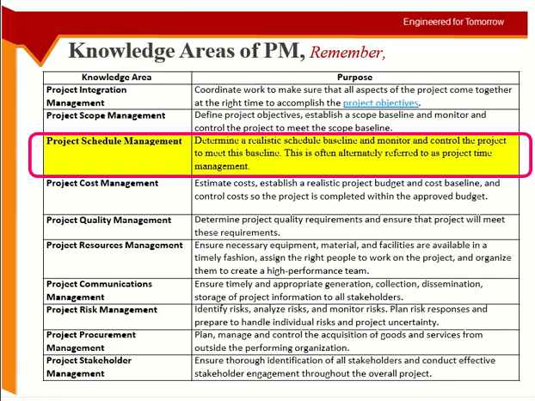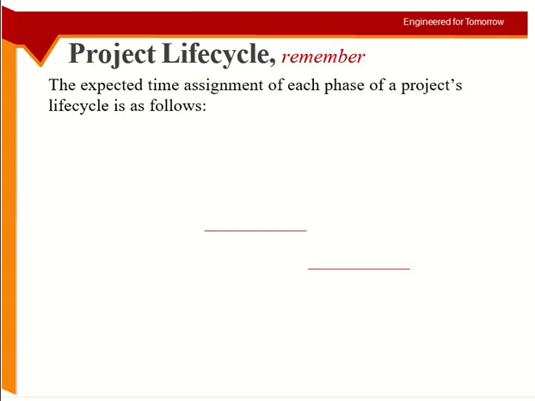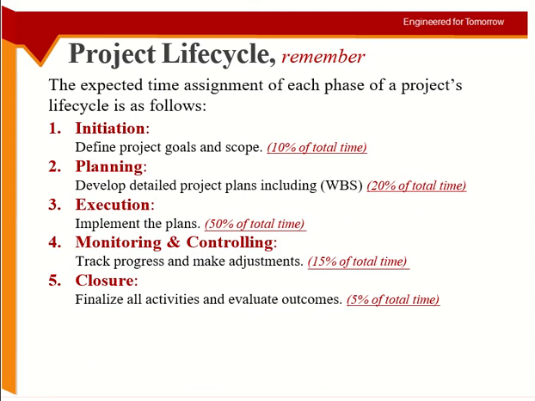We discussed 11 knowledge areas of project management. This topic deals with project schedule management. The expected time assignment of each phase of a project can be like this, but it can be more or less in actual terms.